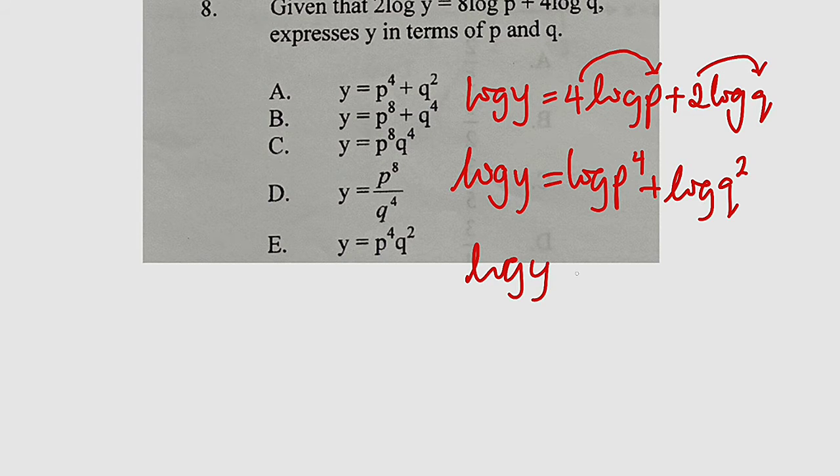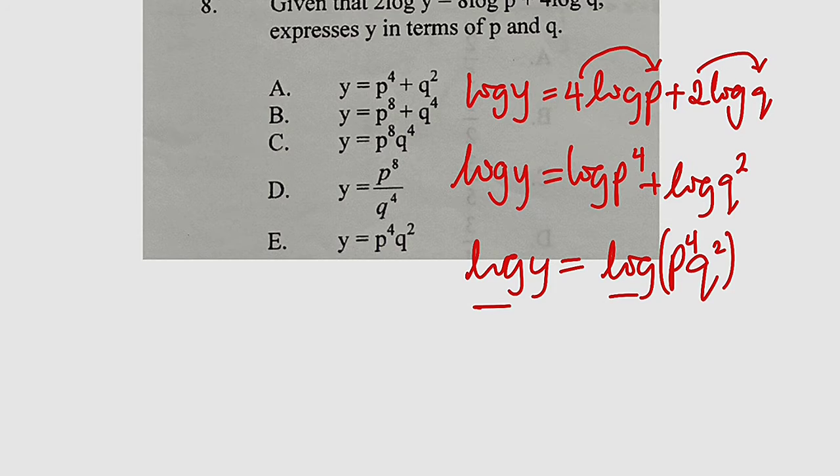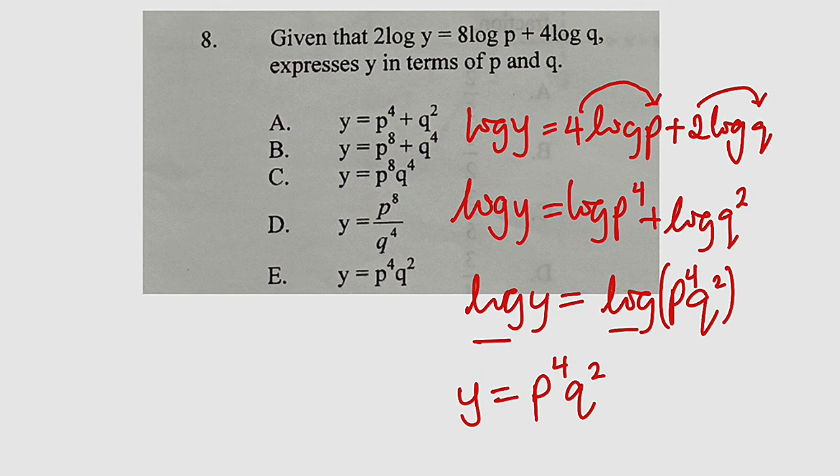So log of y is equal to log of p to the power of 4 times q squared. And since we have common logs, we can cancel them and equate the arguments. Finally, y equals p to the power of 4 q squared, which is option E.